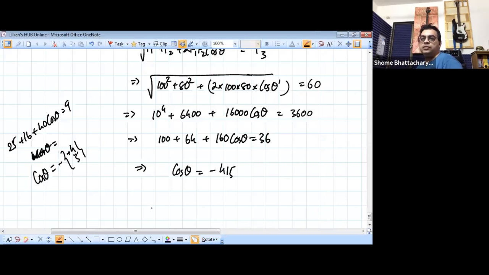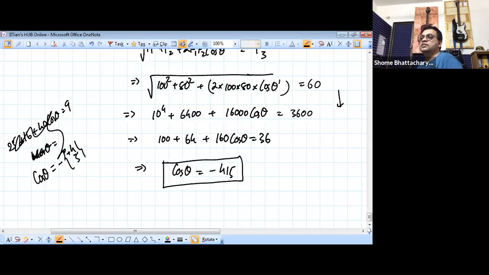So from this we can now get... you should be getting this, just do this calculation. Alright, now cos theta is minus 4/5.